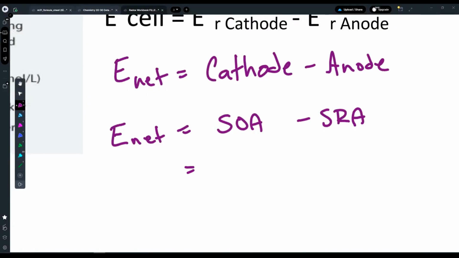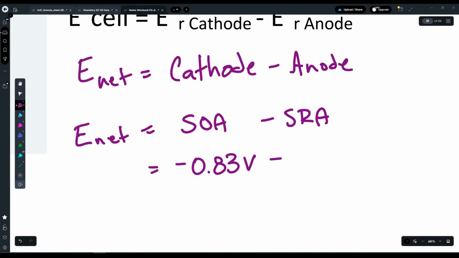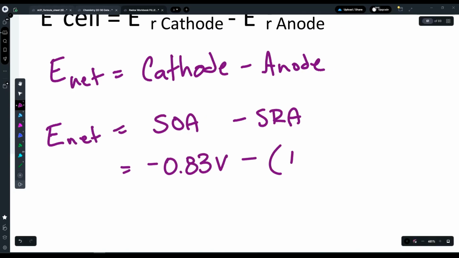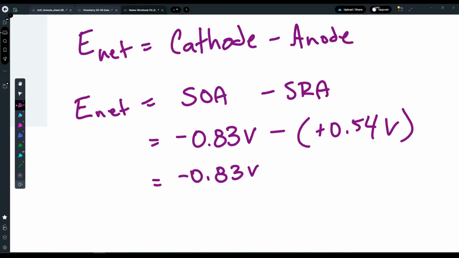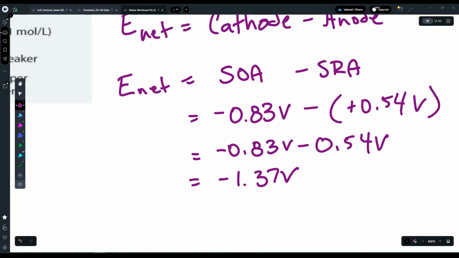So how you do that, you just plug in the numbers, and these units are in volts. So if we take negative 0.83 volts and subtract 0.54 volts, then what we're going to get is negative 1.37 volts.